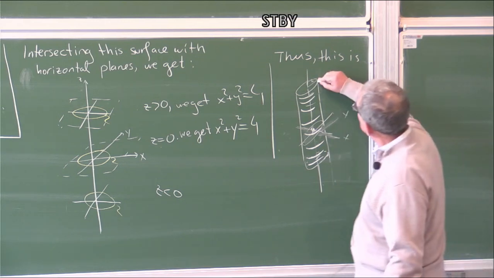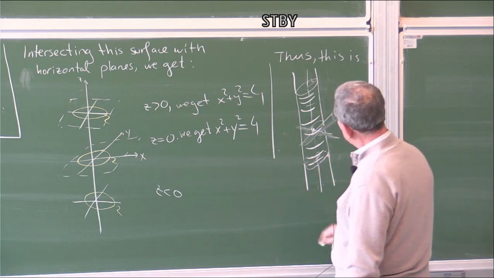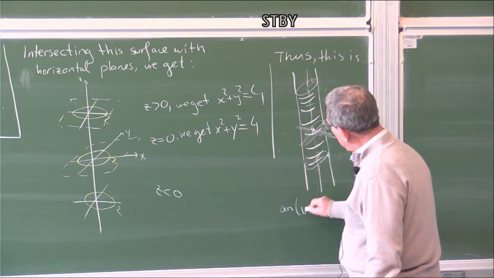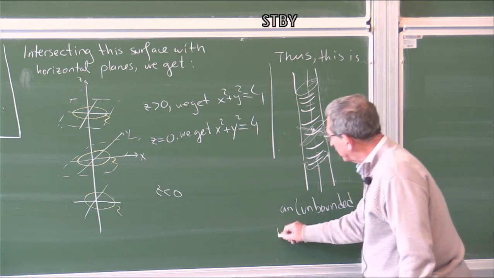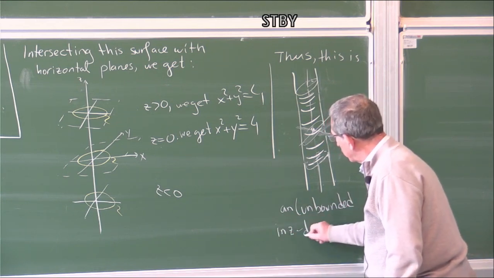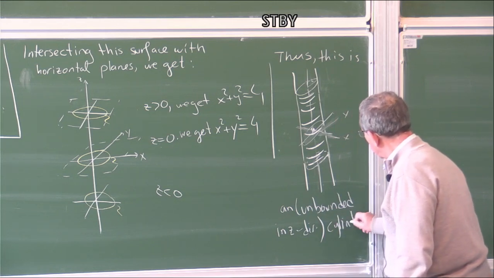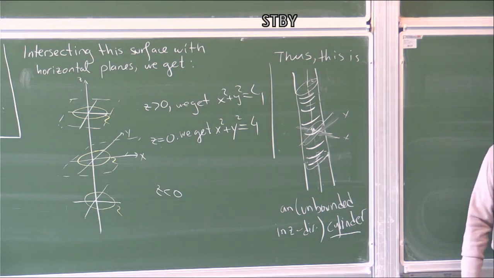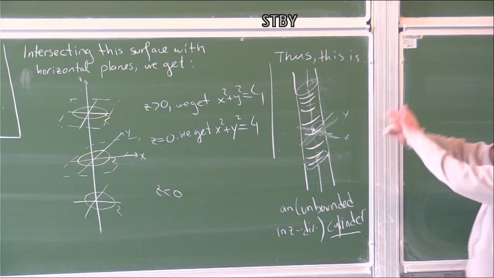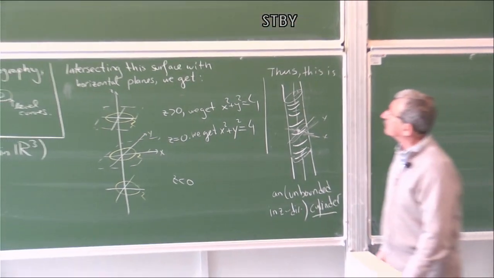So it goes up and down. So it is an unbounded, in the z direction, cylinder. So this is a cylinder equation in space. It's the surface of a cylinder, but it's an infinite cylinder.